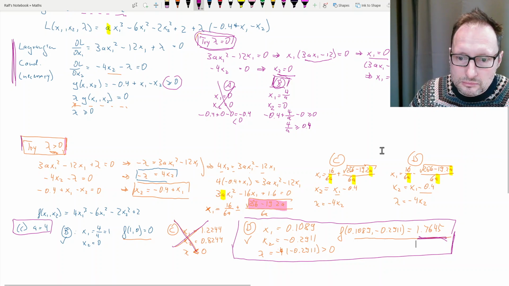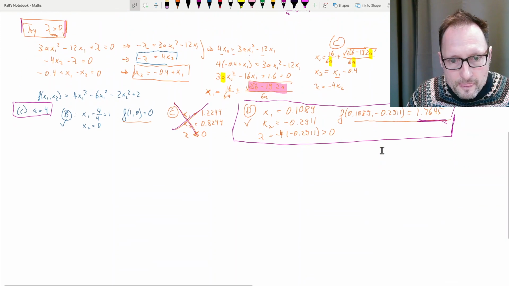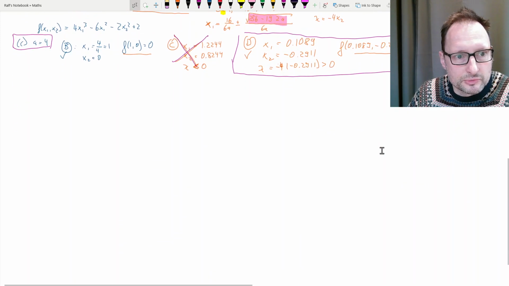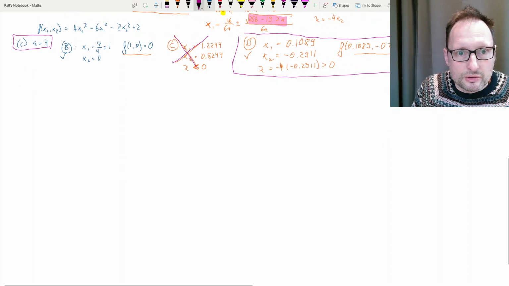Recall, I'll move this here. And I'll just copy the constraint again.